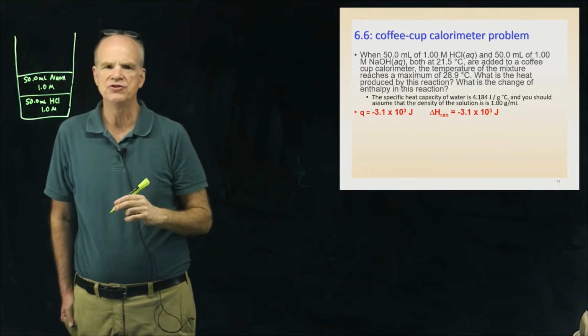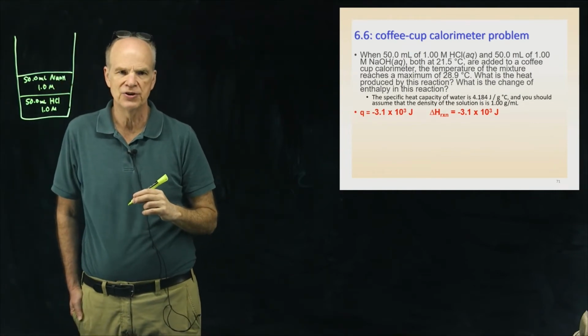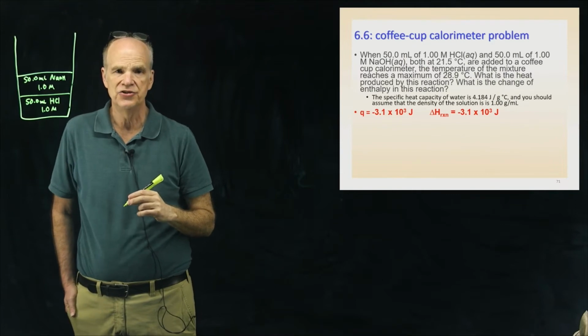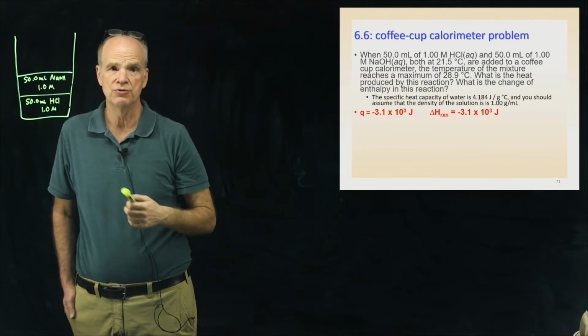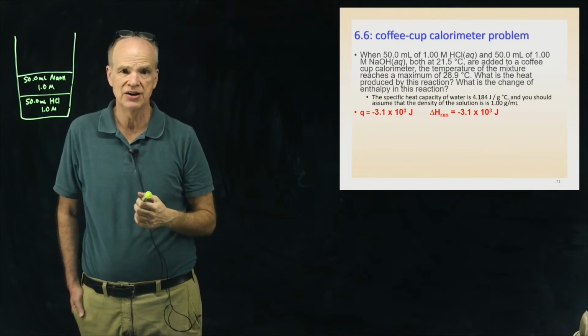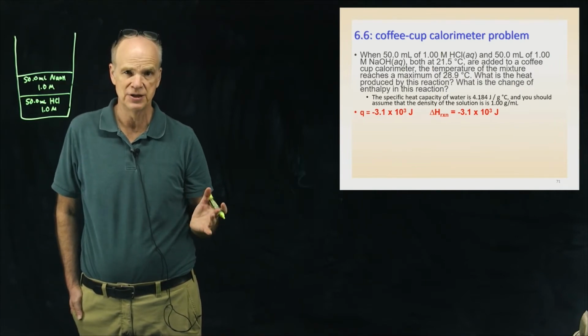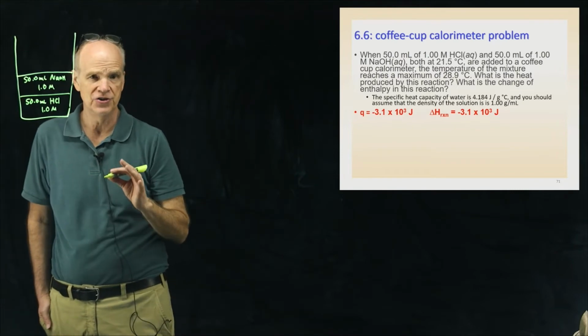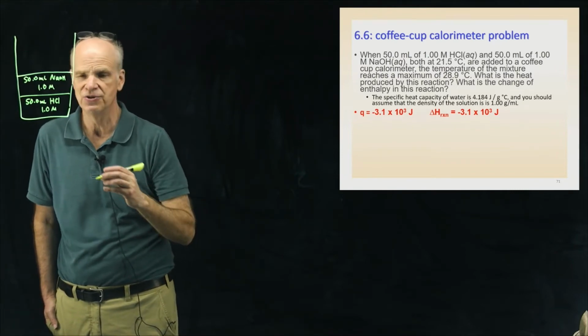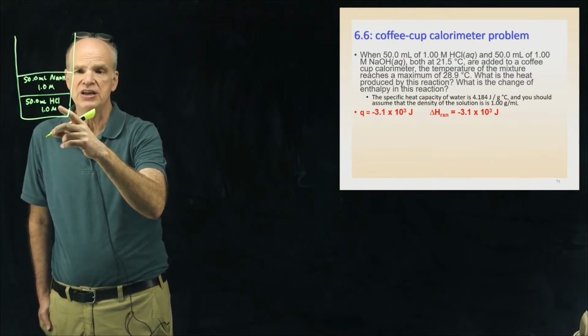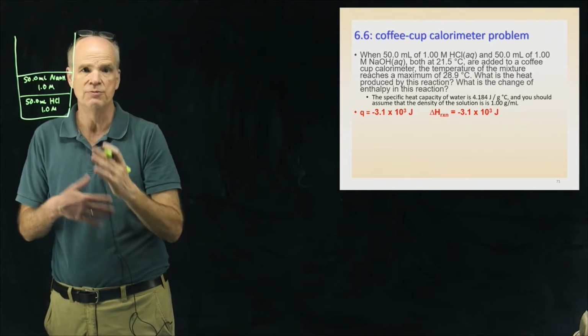And so what we have to do is figure out what the heat is involved when this chemical reaction between sodium hydroxide and hydrochloric acid occurs. And then from that, we can figure out what the change of enthalpy of the reaction is. So first, let me remind you of the chemical reaction that's going on here. When you mix the HCl with the NaOH, they will mix together.